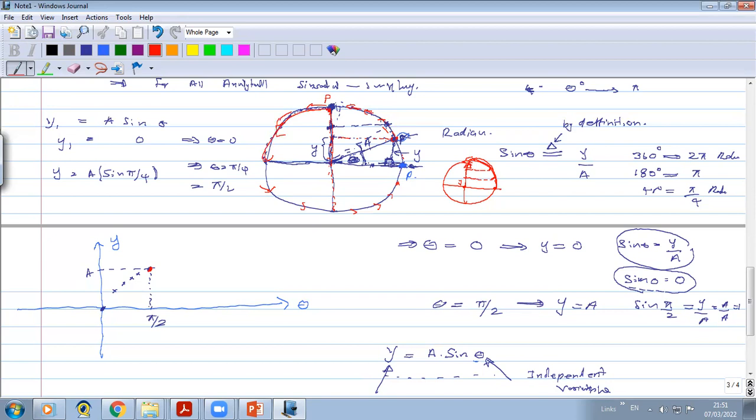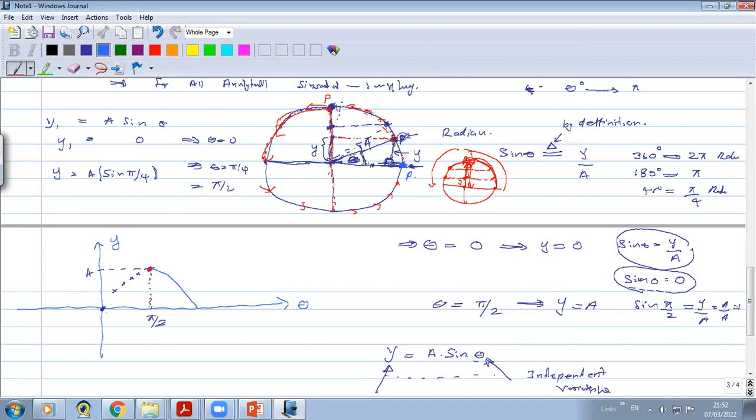So if P is here, the projection is here. Y is decreasing. And if the point is here, the projection is here. Again y is decreasing. So when the point is traveling from here to here, y is increasing, and when the point is traveling to here, y is decreasing up to here.